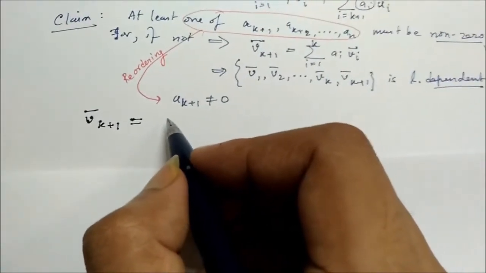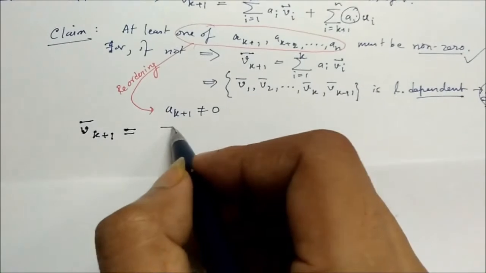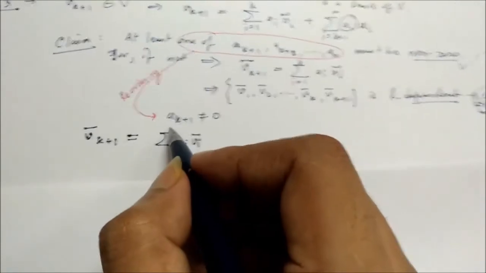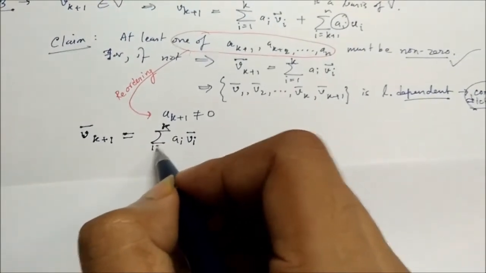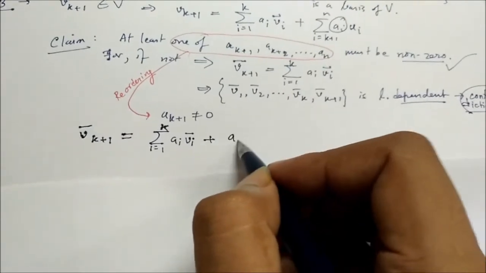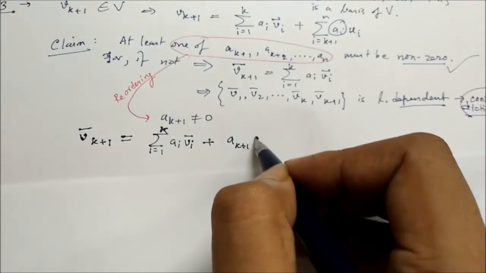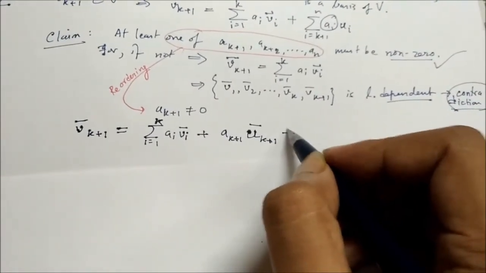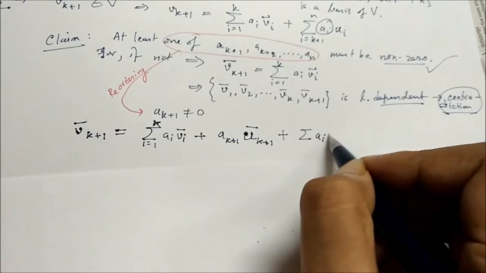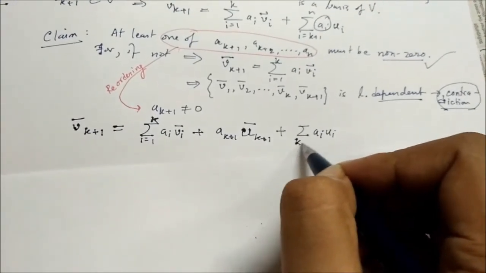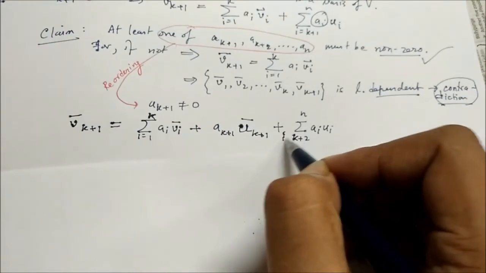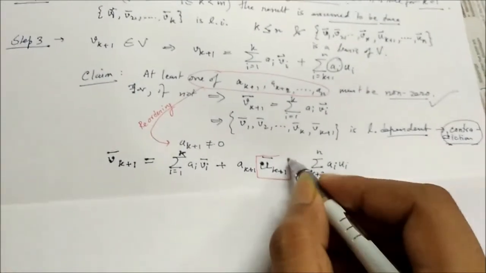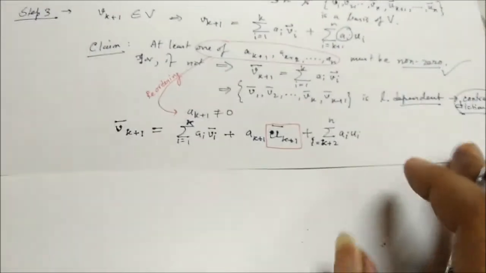So vk plus 1 is this summation of ai vi, where i ranges from 1 to k, plus this a k plus 1 uk plus 1, this is the fellow we will replace, plus the others, i equals k plus 2 to n. So we are planning to replace this. Can we do that? Definitely we can.